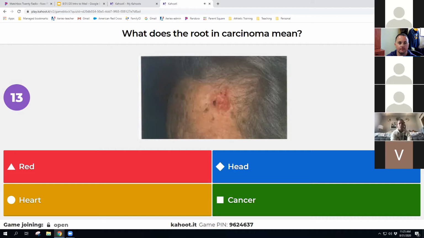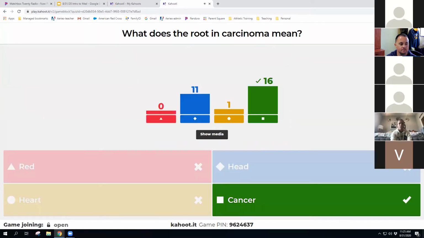I wonder how many of you fall for my trick here. Good, it is cancer. Carcinoma is cancer.